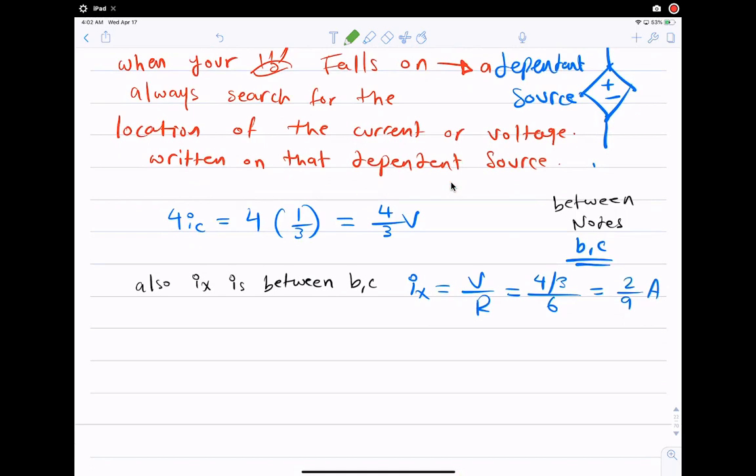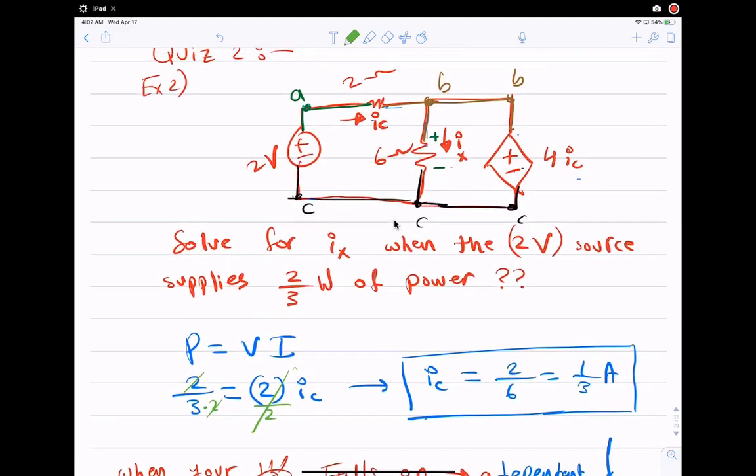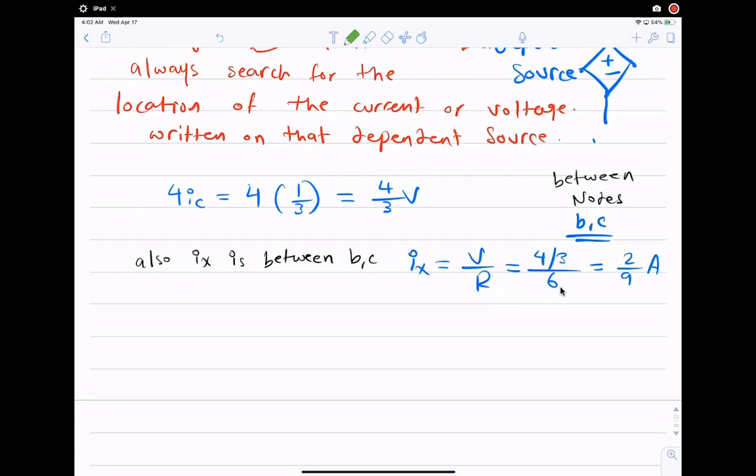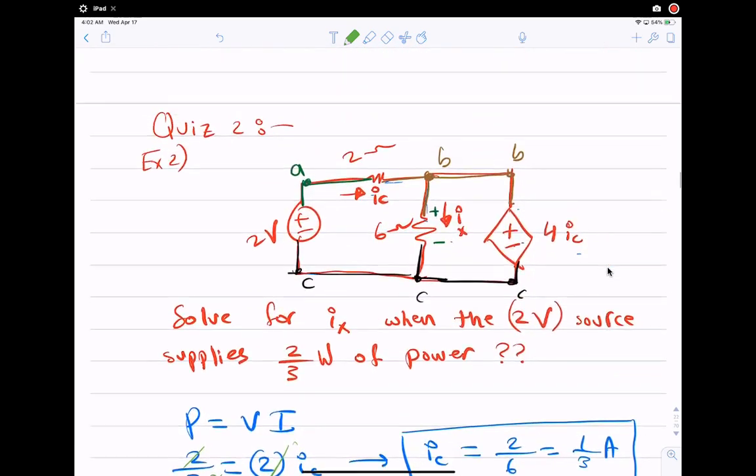So it's correct, it has the correct direction. So IX equals V over R. The voltage is 4 over 3 since it's parallel with this, and the resistor is 6 ohm. 4 over 3 divided by 6 will give you 2 over 9 ampere. And a positive sign for that, and this is the end of this video.